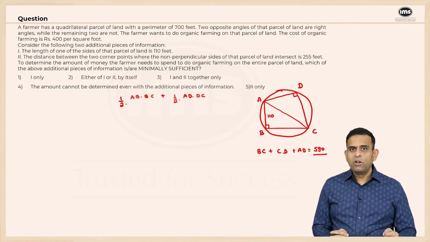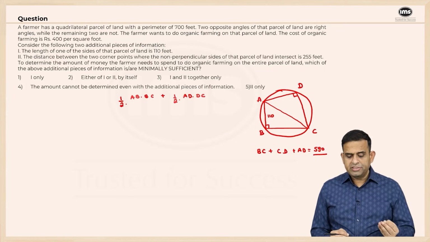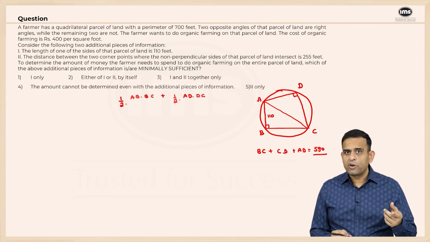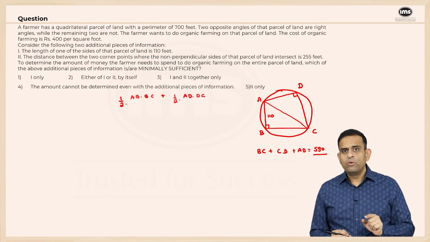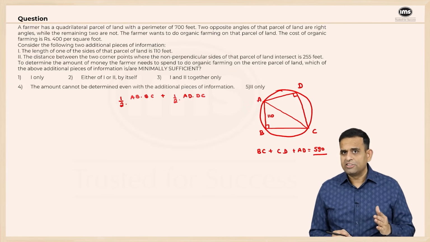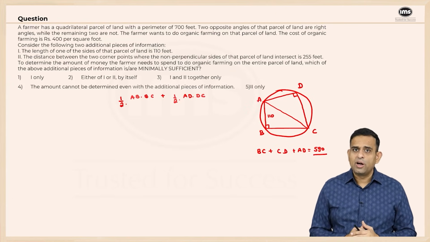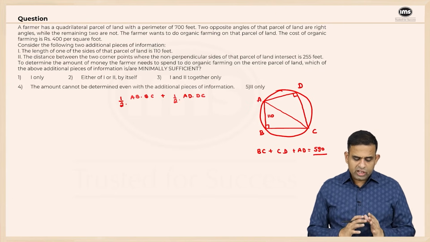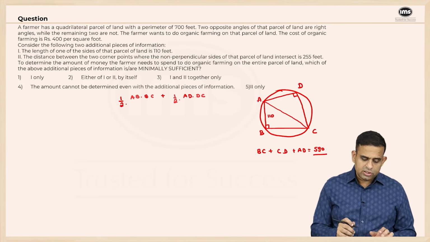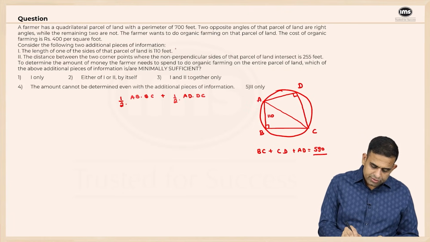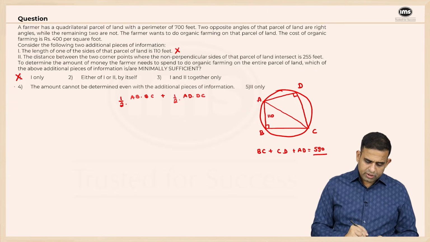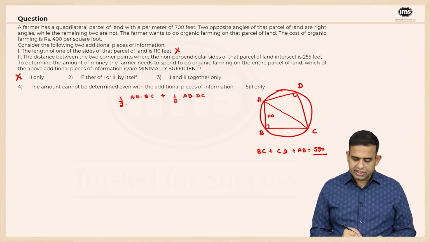So either I know all the lengths AB, BC, AD, DC individually, or I know the product of AB and BC and the product of AD and DC. That's how we can find the required area of the quadrilateral. So with statement 1 alone, we are not in a situation to find the answer. So statement 1 alone is not enough, and option 1 would be out in this case.